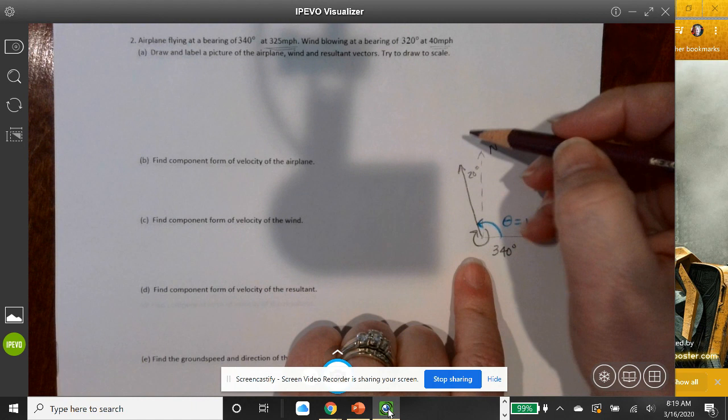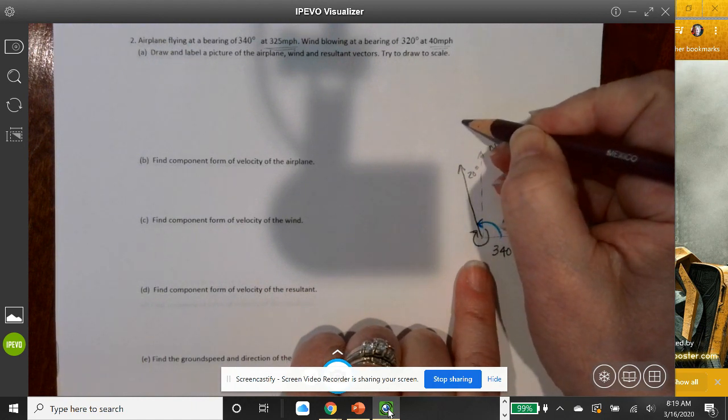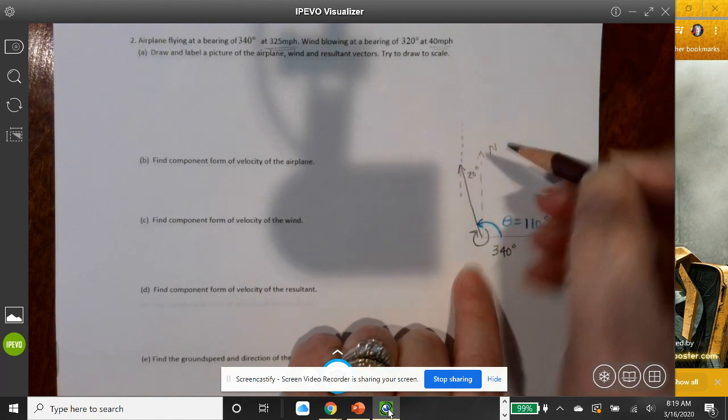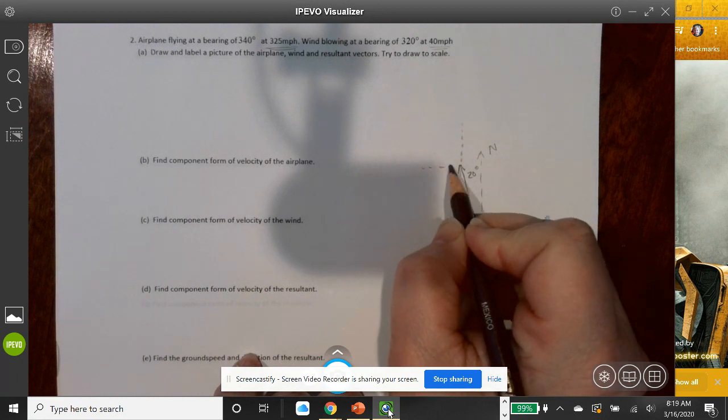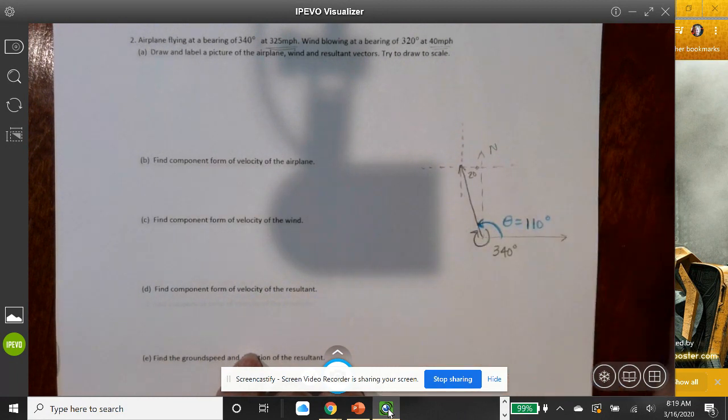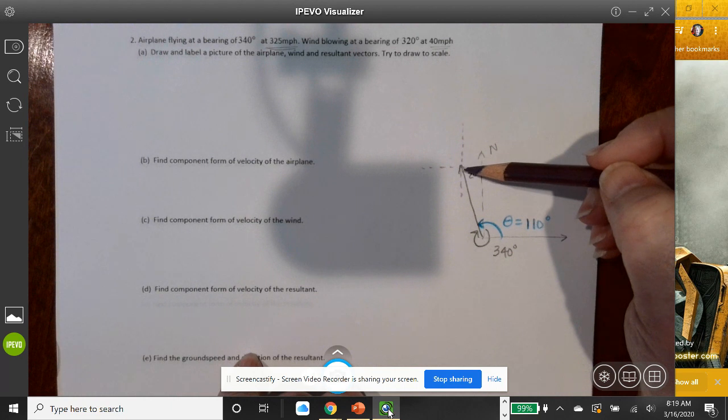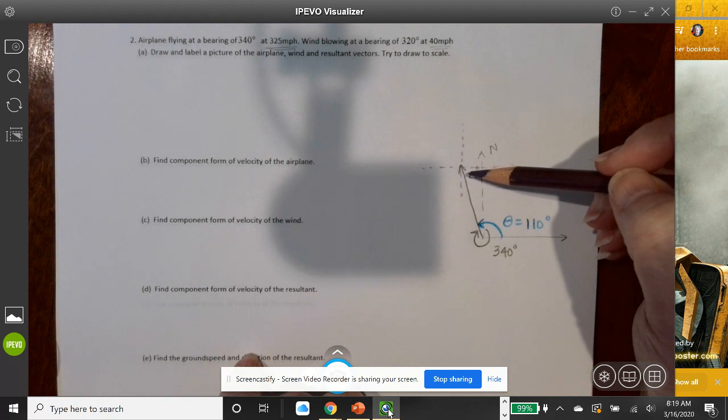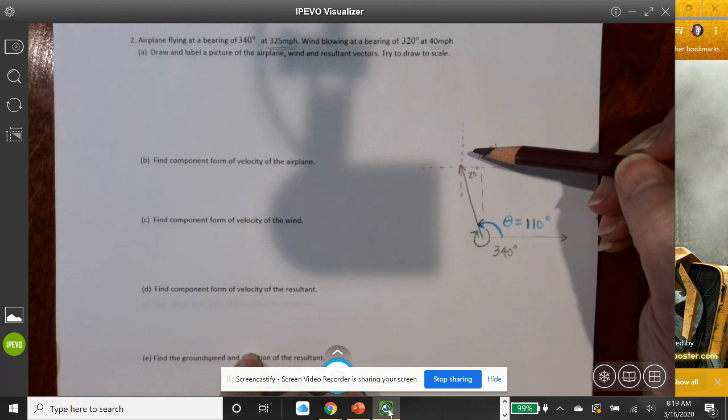So for example, I'm going to create my own new XY plane at the tip of the airplane vector, because that's where I'm going to put the tail of the wind vector so I can see how they are working together when I add them. Okay, so I know the wind is blowing at a bearing of 320 degrees.